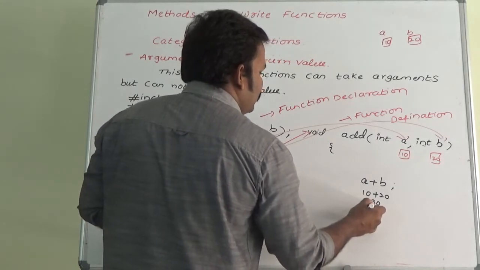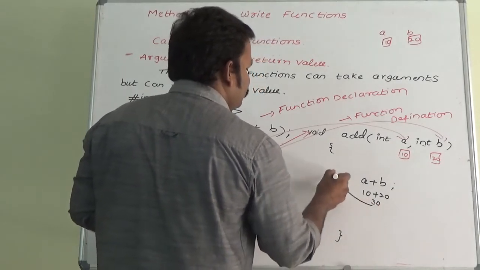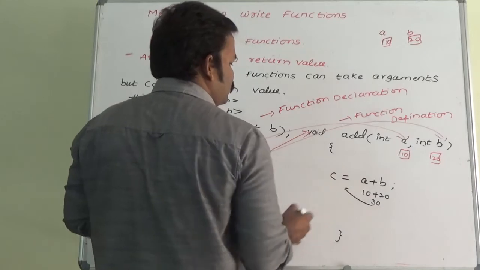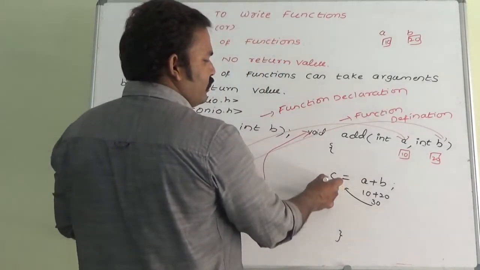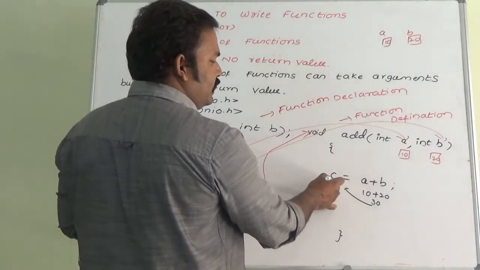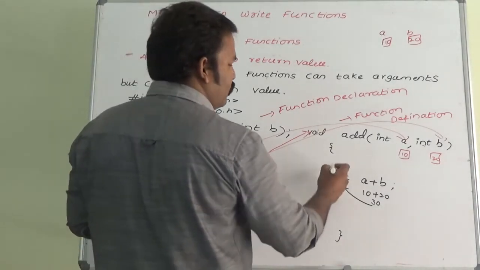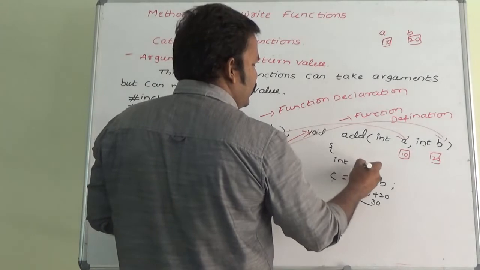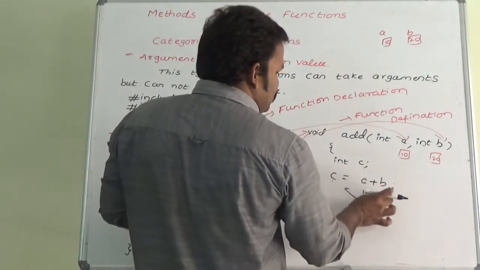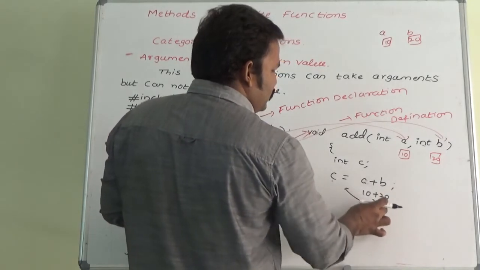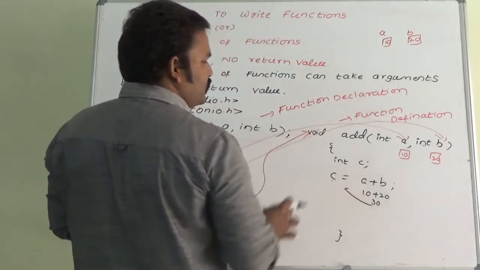We have to assign 30 to one variable, so I am using the variable c. Variables must be declared before they are used in a program, so I am writing the declaration statement. So 30 is assigned to the c variable.